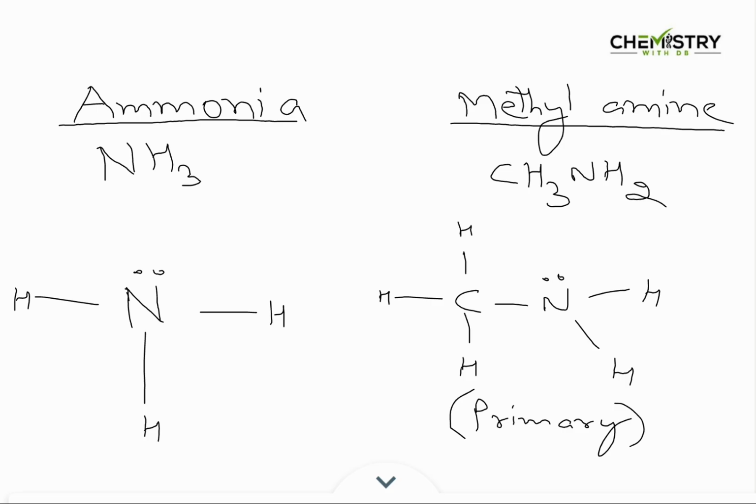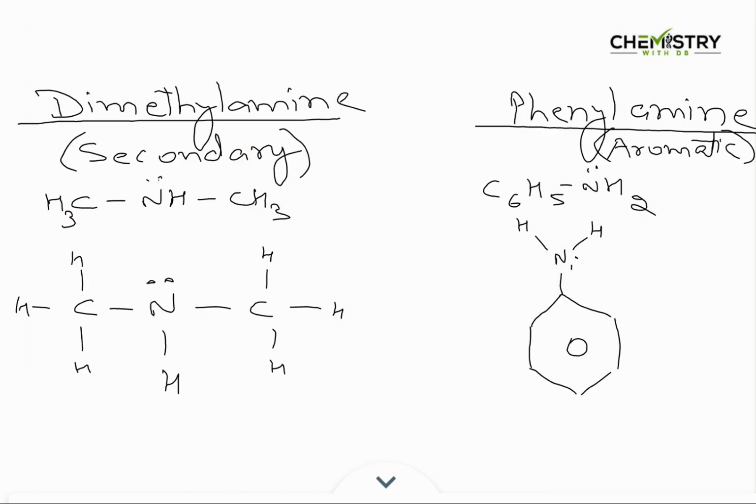In a secondary amine, nitrogen is bonded to 2 alkyl groups and 1 hydrogen, which is why it's called a secondary amine, because nitrogen is bonded to 2 carbons. In a phenylamine, which is an aromatic amine, the nitrogen is bonded to 2 hydrogens and 1 aromatic benzene ring.